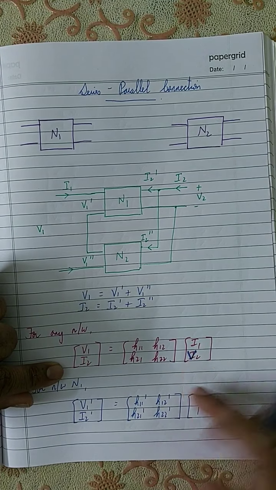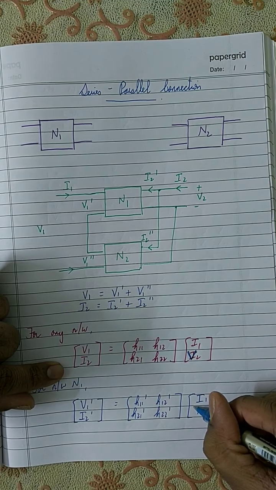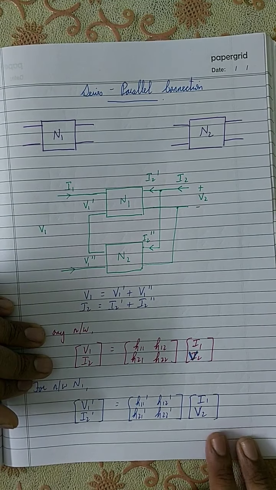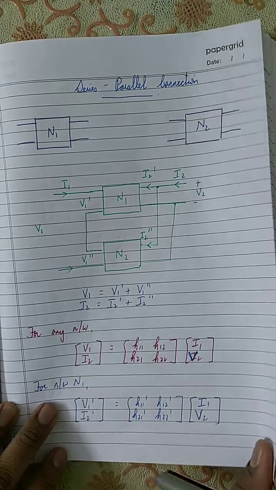That's the definition of the hybrid equation, I1 and V2. Same way over here also, I1 and V2. So this is for network N1.